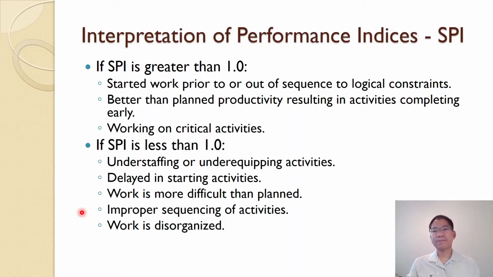If it's less than 1, maybe it is understaffing or under equipping, which makes the work slow down, or delay in starting an activity. Instead of starting today, say okay, hope for the weekend, start next week. So that delay works is more difficult than planned.